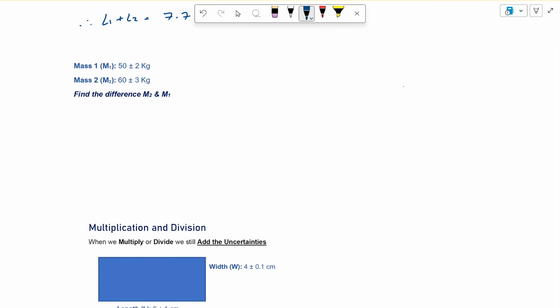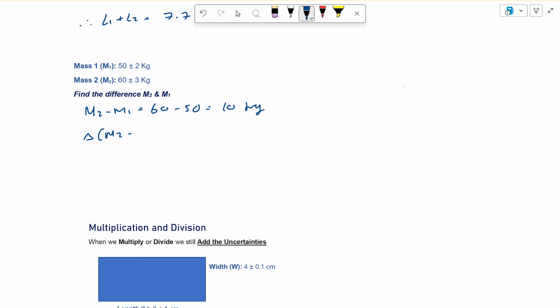Okay, so the second question, we have been provided with two masses and we are to find the difference. So let's just find that. M2 minus M1 is equal to 60 minus 50, which gives us 10 kg. And for our absolute uncertainty, we are simply going to be adding both absolute uncertainties just like we did above.